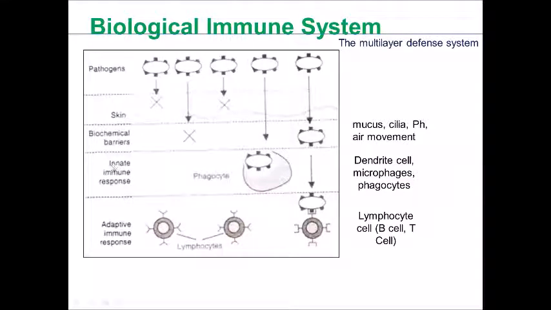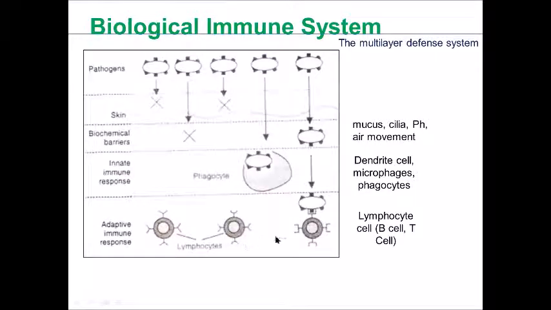So the immune system is like a natural killer, based on natural antibodies. It will automatically kill the attack. If the innate immune system fails to defend from the attack, then it will go to the adaptive immune system.